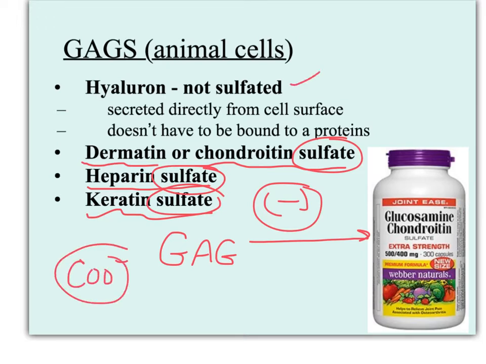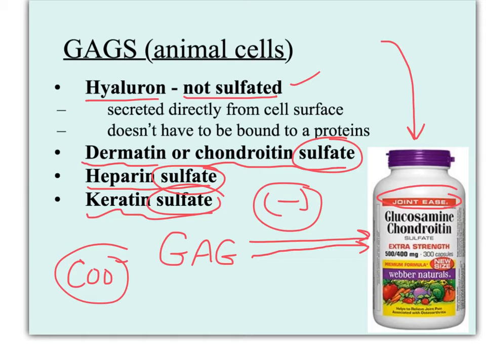There is one important GAG that is not sulfated, it's called hyaluronan, and we won't talk much about any of these, to be honest with you, but if people you know are taking this as a supplement, it's because they think that this really does help protect your joints. And the real question about these GAGs, when they take them as a supplement, is how do they get through your stomach and absorbed into your body in a useful form?